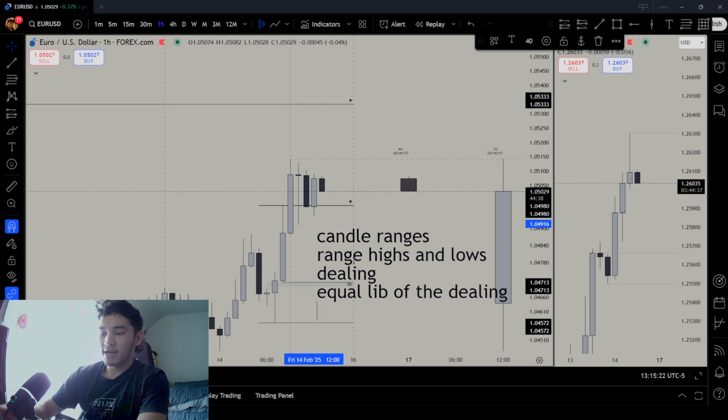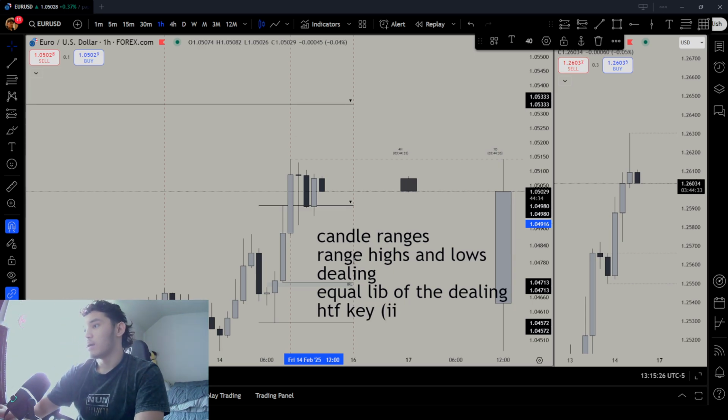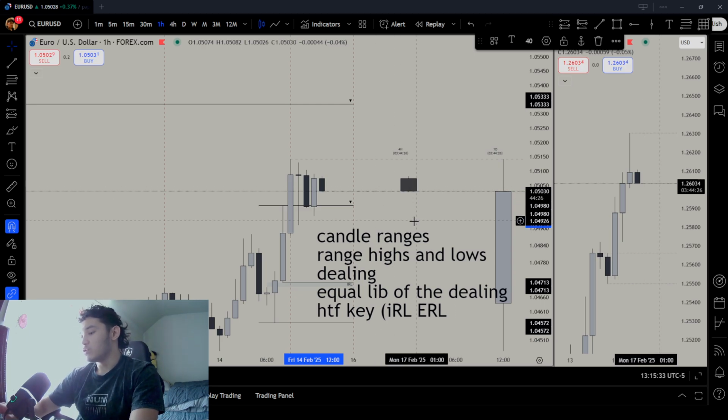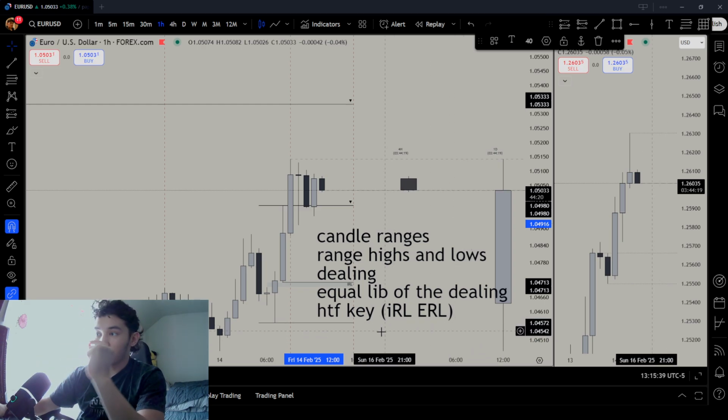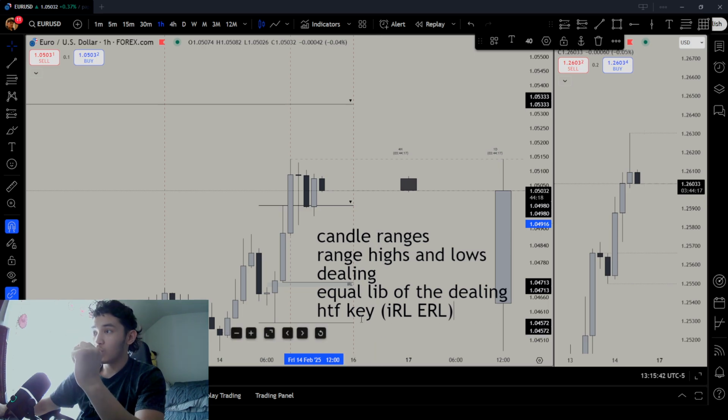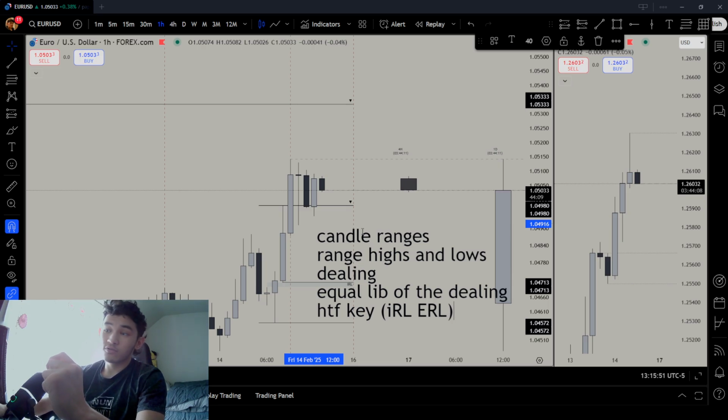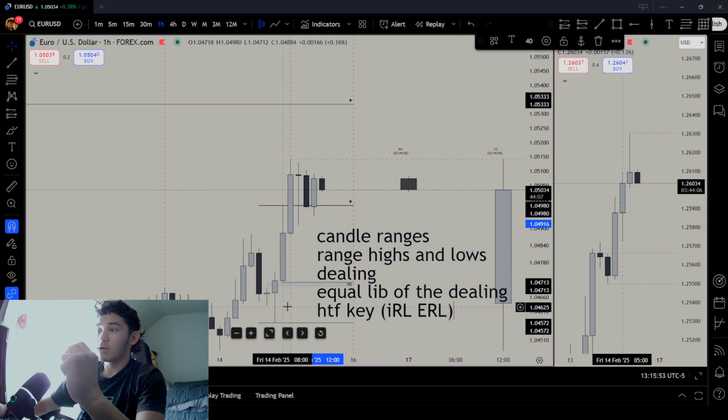The last one is a higher time key level, which is basically IRL, ERL. As you guys know, this is the only one most of you use, and that's why you keep getting it wrong, because you only use one form of drawn liquidity when there are 5 forms.